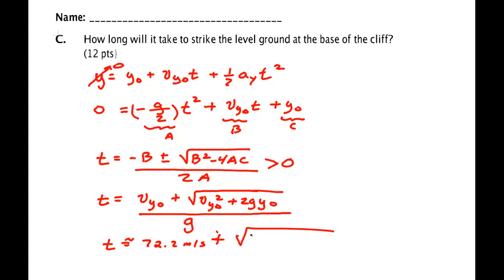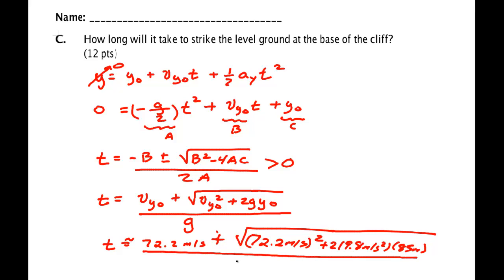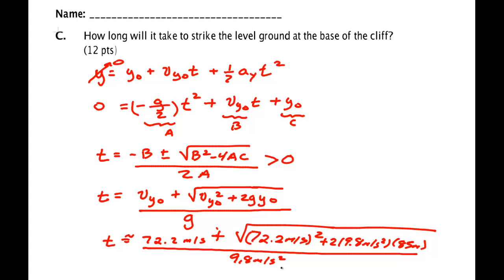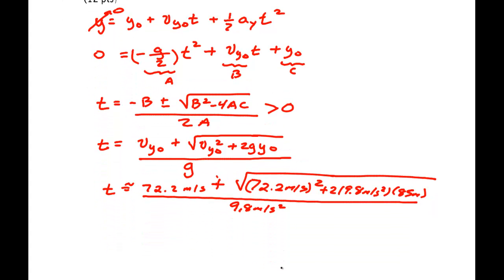Plus the square root of 72.2 meters per second squared, plus 2 times 9.8 meters per second squared times y naught, which was 85 meters, all divided by 9.8 meters per second squared. We punch that in the calculator and find that the object has been in the air approximately 15.8 seconds.